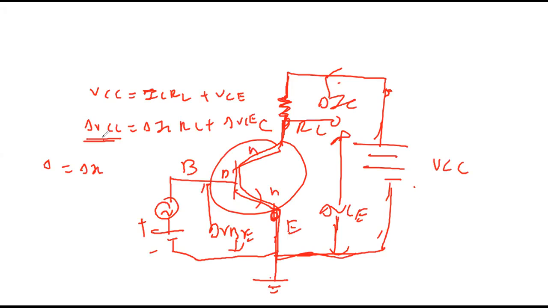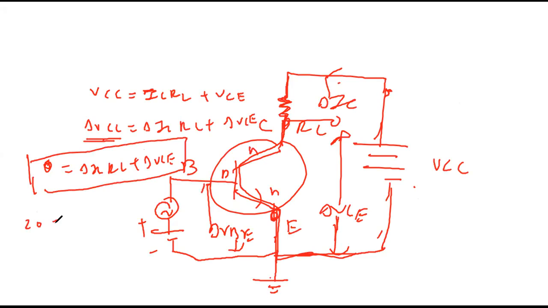So I said VCC is fixed, therefore no change. IC RL plus delta VCE. So what is the concept? No change, but these two are changing. Just as an example, if VCC is 20, IC RL is 10, VCE is 10, so no change. Now if this becomes 11, this should become 9, then only the sum will not change.